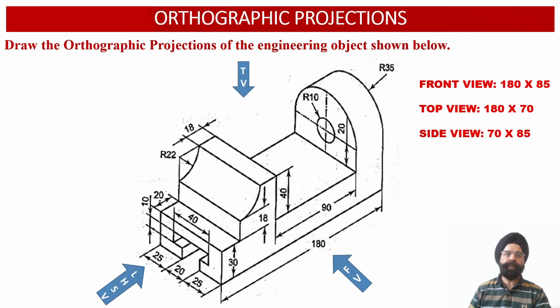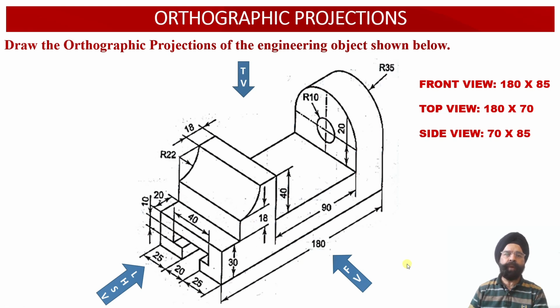Now here we have been provided with a 3D isometric projection of the solid, into which the front view face, the top view face and the left hand side view face of the solid have been combined into a single 3D isometric projection.